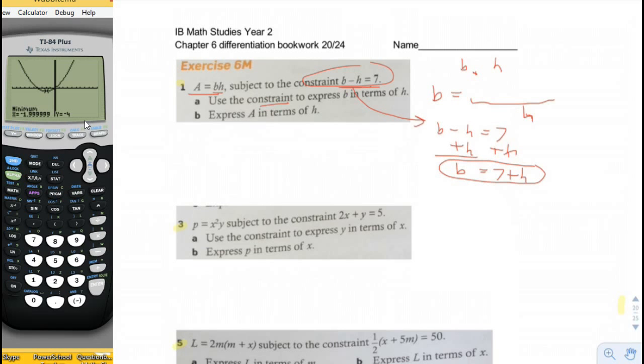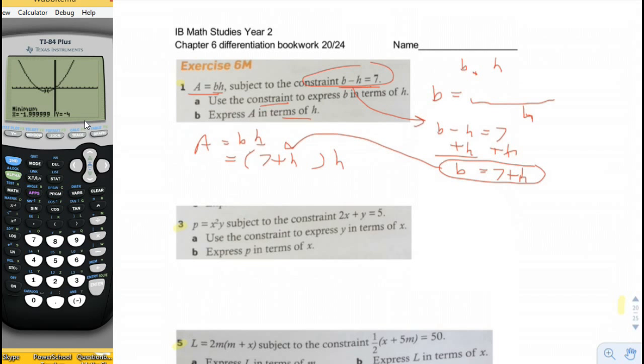And that's the first step to making an area equation with only one variable. For part B, it says express A in terms of h. So we have A equals bh. A is in terms of b, and it's in terms of h also. We need to get it so that it's in terms of only one variable, and it says to have that variable be h. So instead of b, we're going to put 7 plus h, and that's going to be multiplied times h.